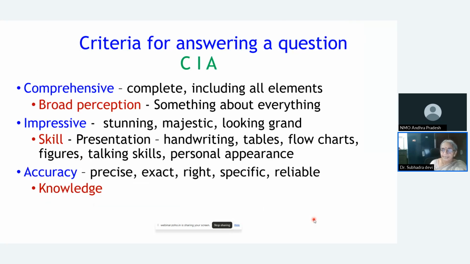So what is the criteria for answering a question is, it should be comprehensive, impressive, and accuracy. So comprehensive means complete, including all elements. Broad perception, you should have something about everything you should know. And impressive is, it should be stunning, majestic, and looking grand. When a person is evaluating your answer, you should be impressive.